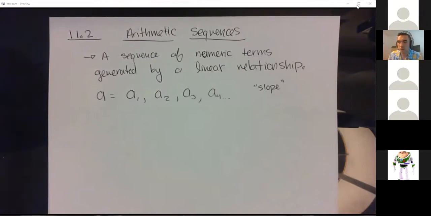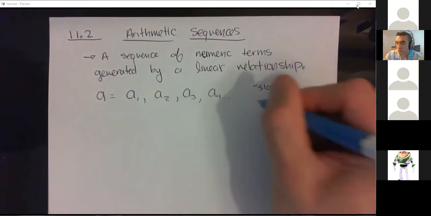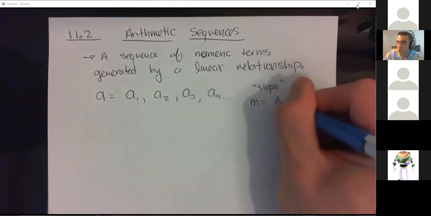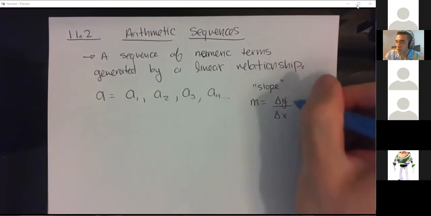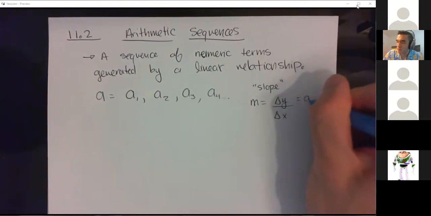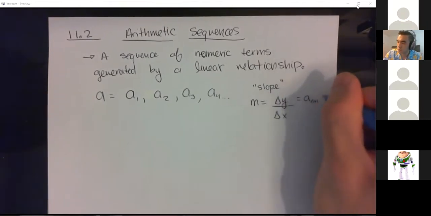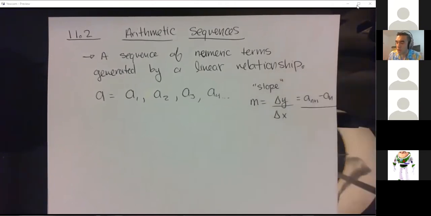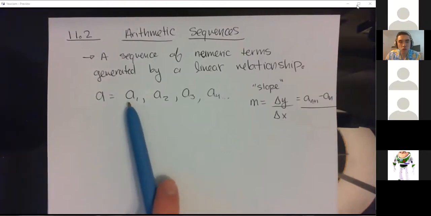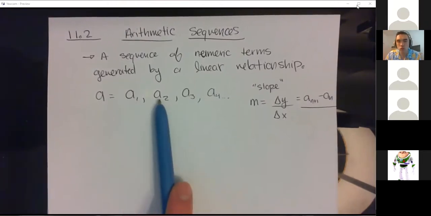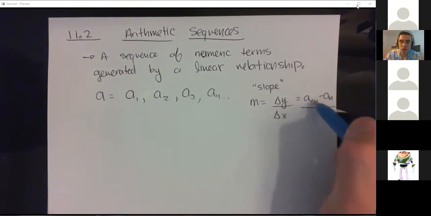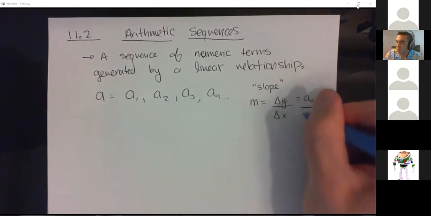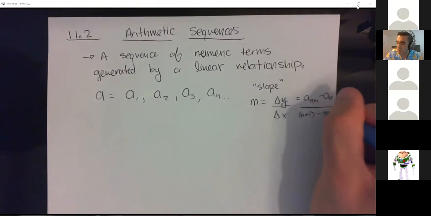If m is the change in the output divided by the change in the input, our outputs are these a's, and every time we step forward through our inputs, we're just adding 1. A1 is what I get when I plug in 1, A2 is what I get when I plug in 2, A3 is what I get when I plug in 3. So in the denominator, since we always step forward by 1, this is just n plus 1 minus n.